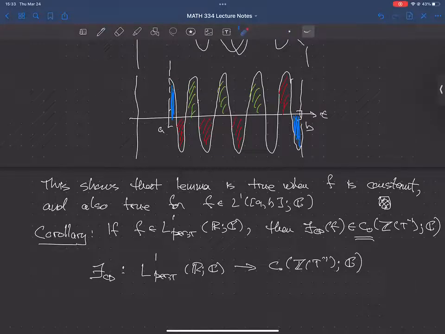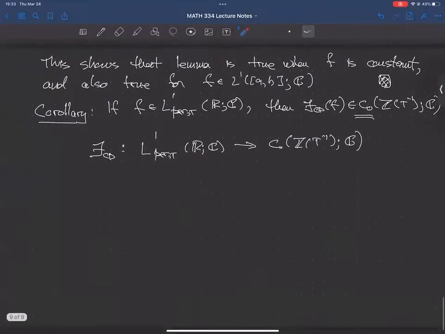Okay, so that's nice. It makes a connection to the function spaces that we talked about previously. So we talked about this one for sure and this one for sure. Now these things are normed, right? So L1 per has the one norm, the one norm calculated on a period. The right norm to use for this space is the infinity norm. And you can ask, maybe the CDFT has nice properties with respect to these norms.